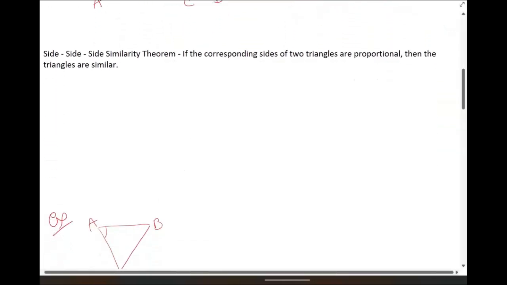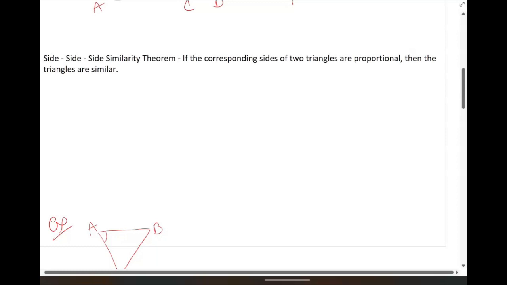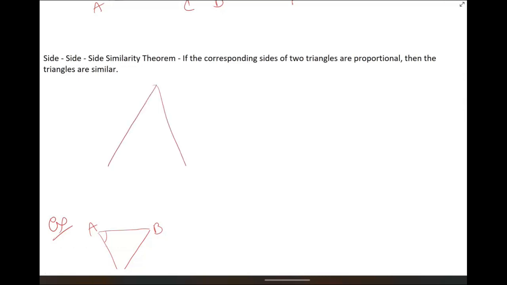All right, finally, the side-side-side similarity theorem. If the corresponding sides of two triangles are proportional, then the triangles are similar. So that is just really nice and easy. You can grab any of the sides.